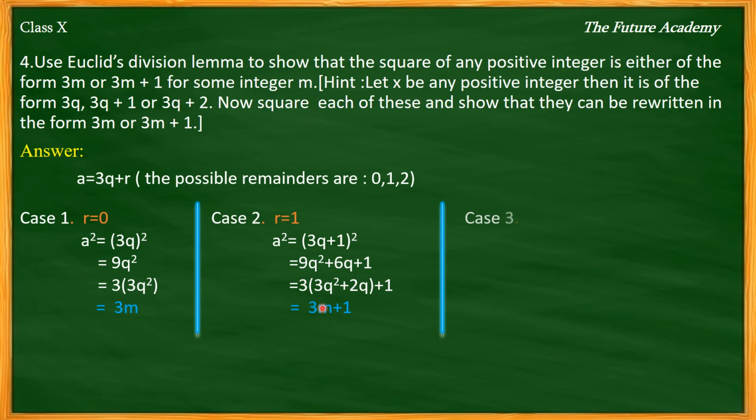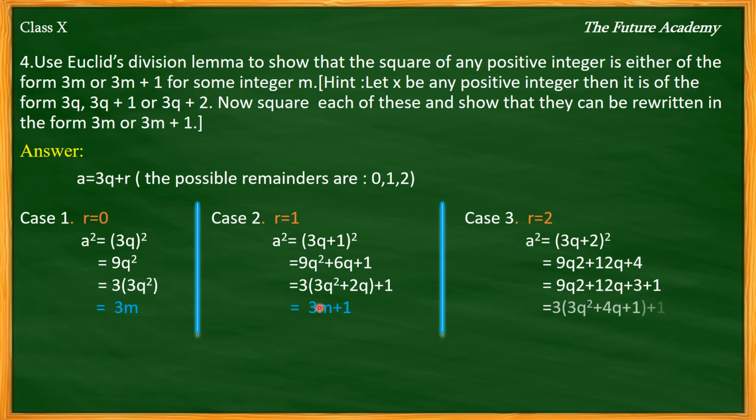The next case, r is equal to 2. If r is equal to 2, we get a is equal to 3q plus 2. On squaring both the sides, we get a square is equal to 3q plus 2 whole square. So we can write this as 9q square plus 12q plus 4. Now we are going to split this 4 into 3 plus 1.